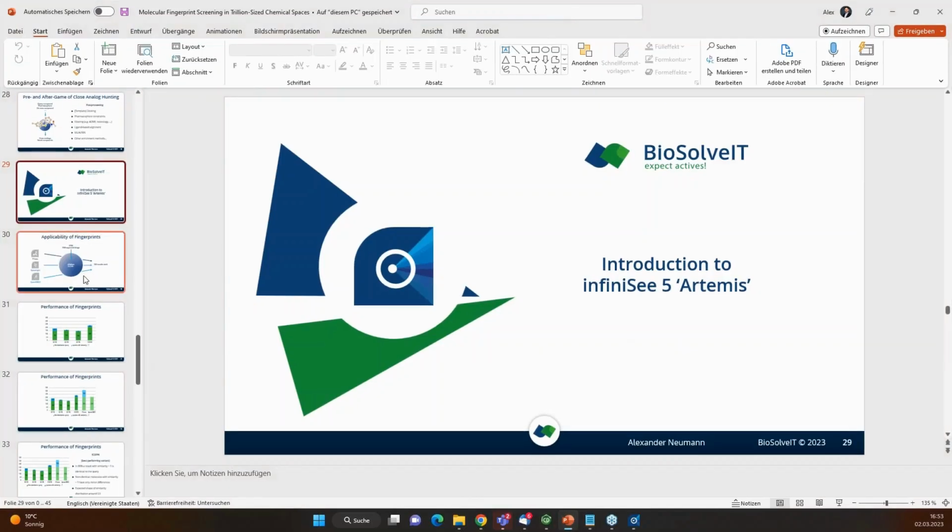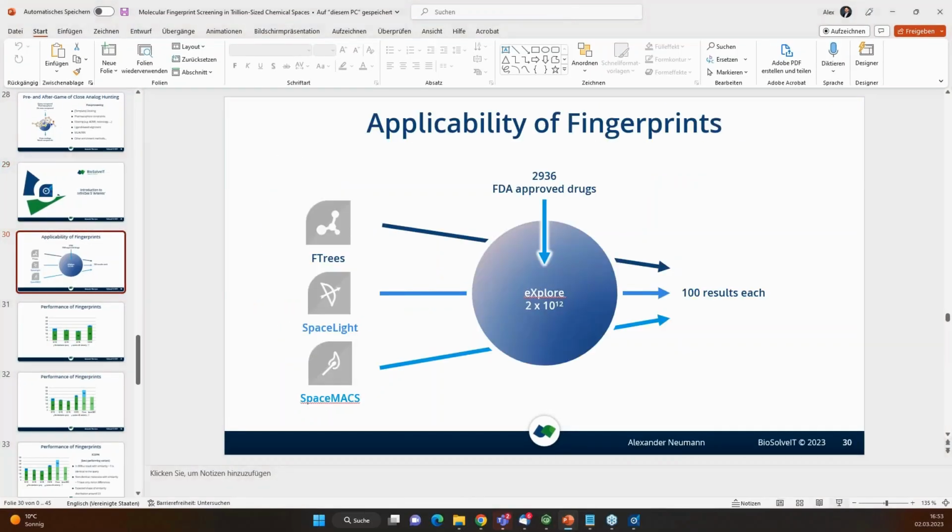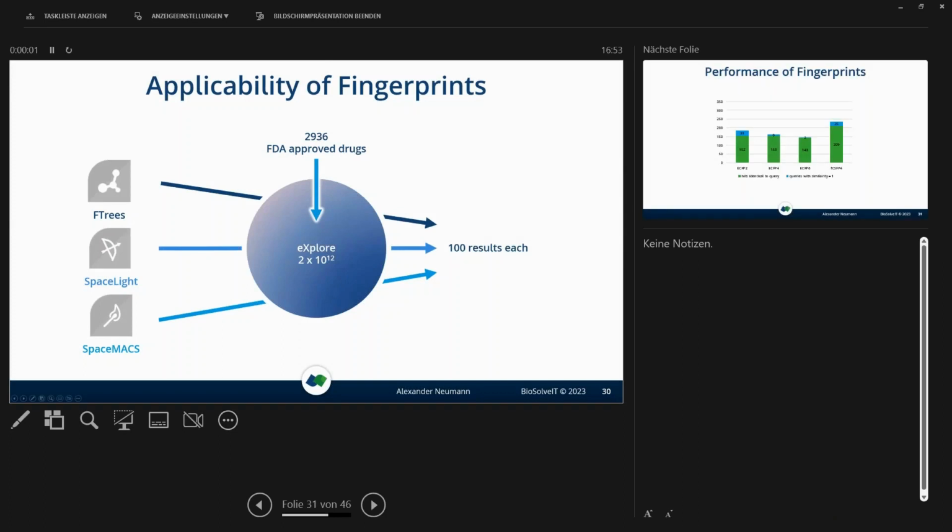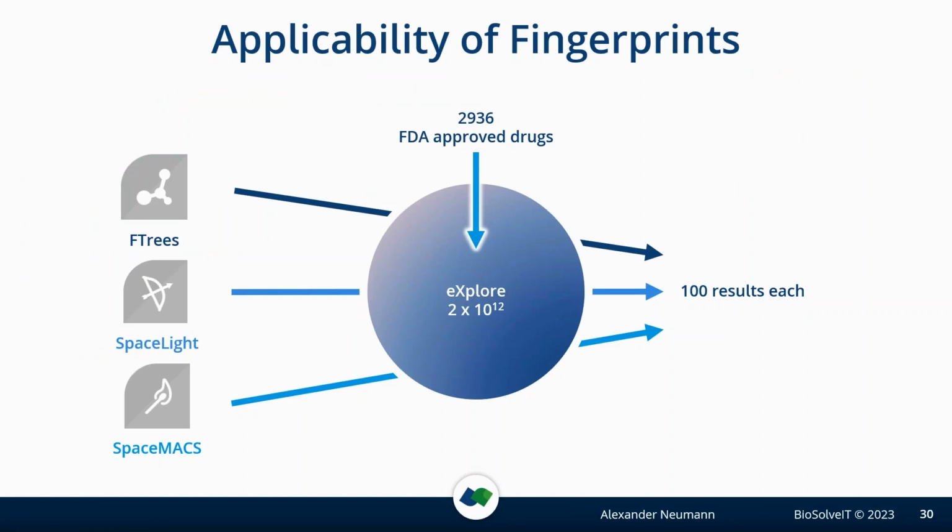So since time has progressed, I will just give you a quick overview of what the fingerprints can do. This was an internal validation to see how well our fingerprints perform.